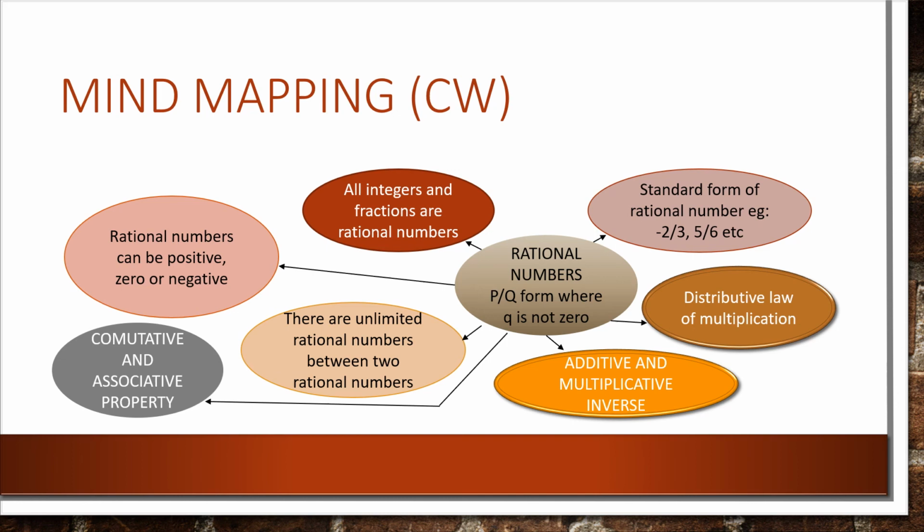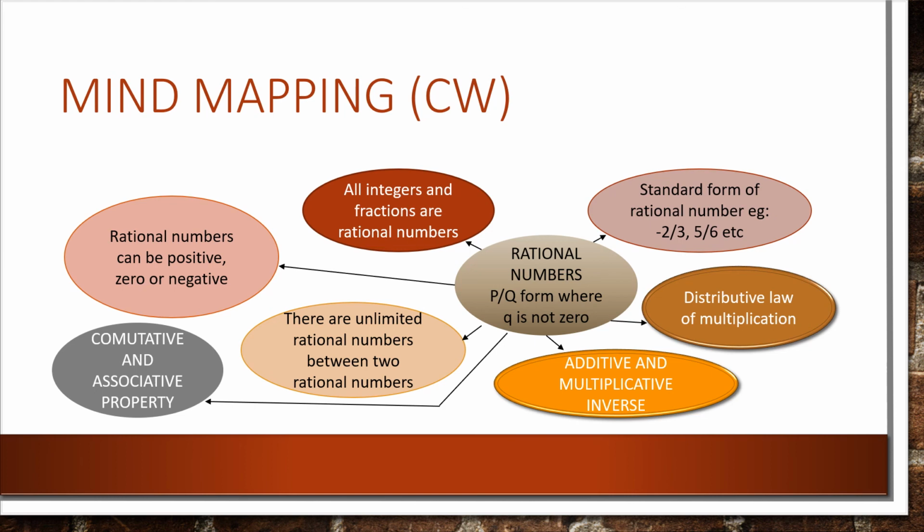And then we have come to the distributive law of multiplication, the additive and multiplicative inverse we have learned. So this is also applicable in rational numbers. And commutative and associative property, this you have learned when you did integers. It's also applicable in rational numbers.